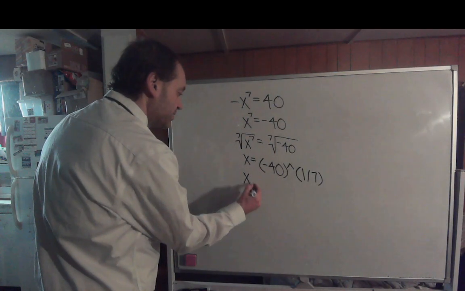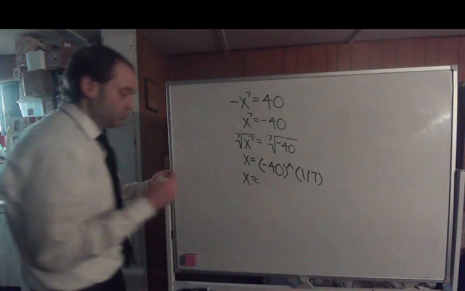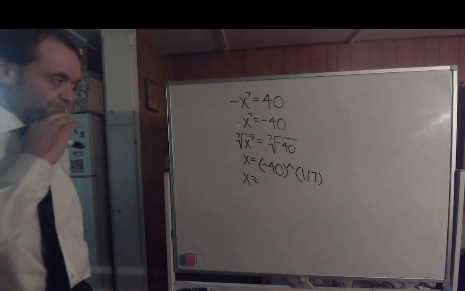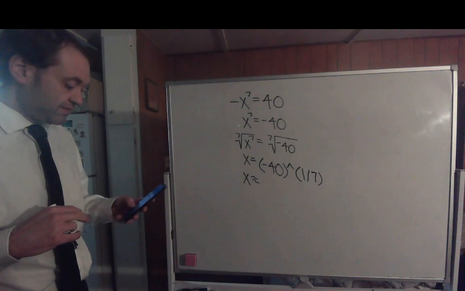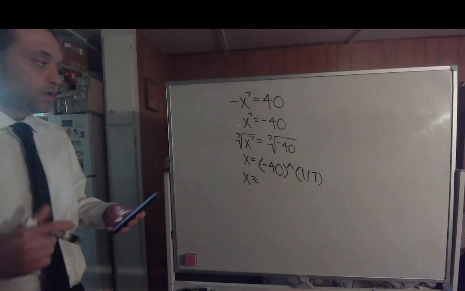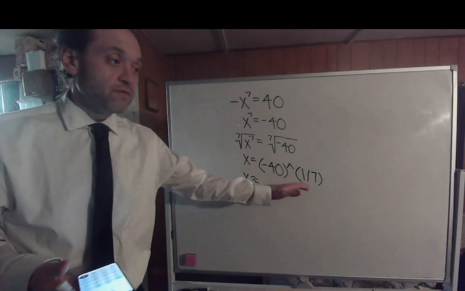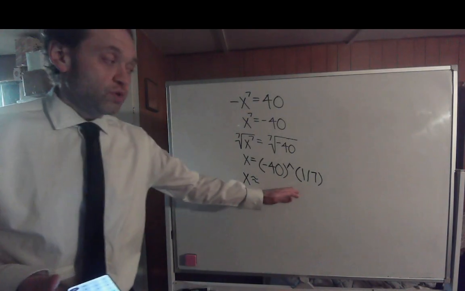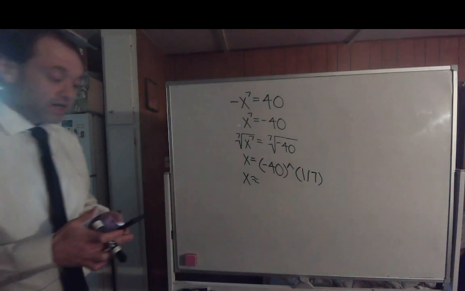We're going to round the result to about 2 decimal places. So let's take the seventh root of negative 40. This is where knowing how to convert to rational exponents from a root is very useful.